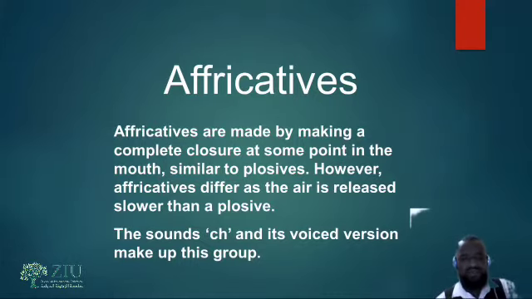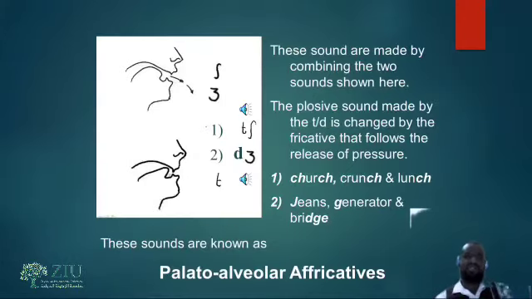Let us note that these sounds are made by combining two sounds shown here. The first one is the sh sound. Here we have this sound and that sound, and now we would like to join two new ones.